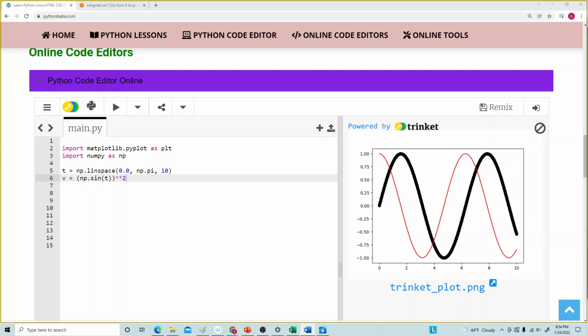What I need to do first: I've already defined my function, and the next thing I need to define is n. So let n equal the length of t, right? That is the length of our time array.